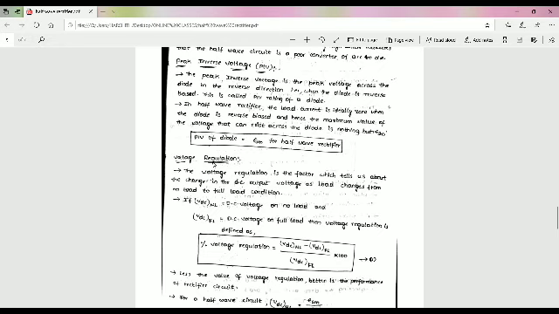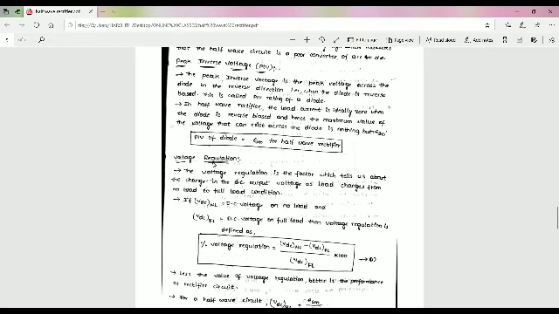So VDC no load equal to DC value on no load, VDC FL equal to DC voltage on full load. So the voltage regulation is defined as voltage regulation equal to VDC no load minus VDC full load by VDC full load into 100.